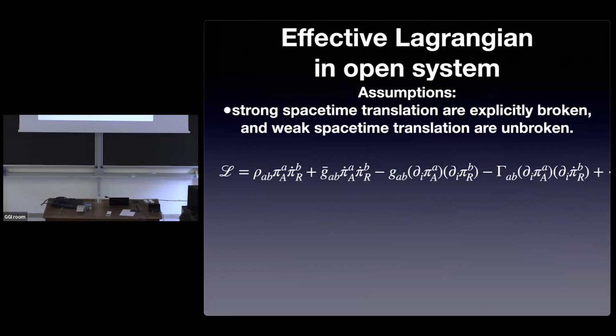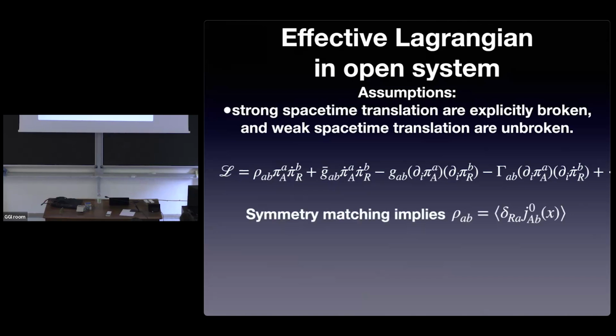In general, we can write down the effective Lagrangian by using the previous consideration. Because this is an open system, we have this term here, and the type B energy mode also contains this information.